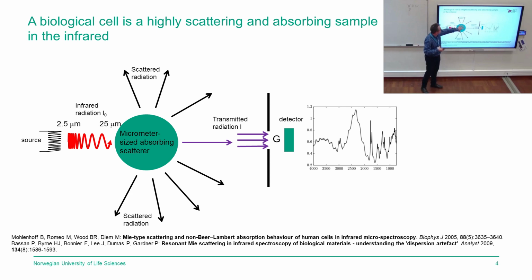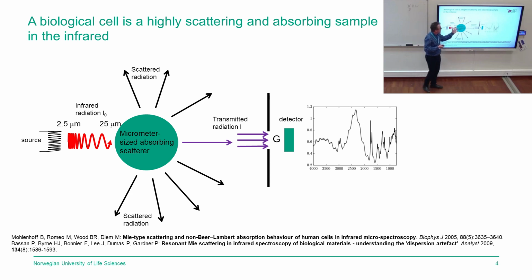This is because the cell is on the order of microns, and when you have radiation with wavelengths on the same order as the size of the object, you get a lot of scattering, and the scattering depends on absorption properties of the sample, on morphological properties, on optical properties.